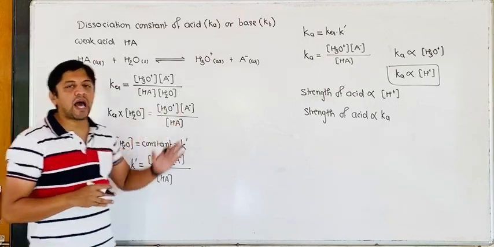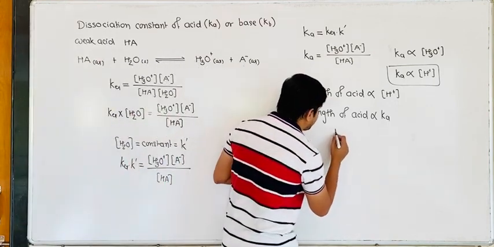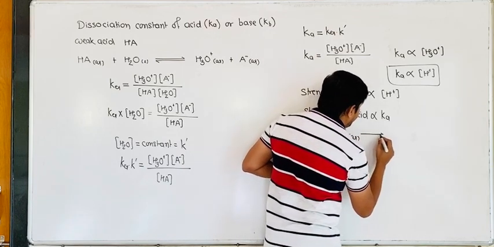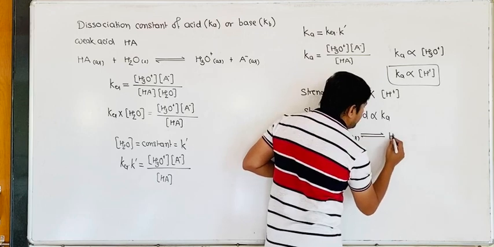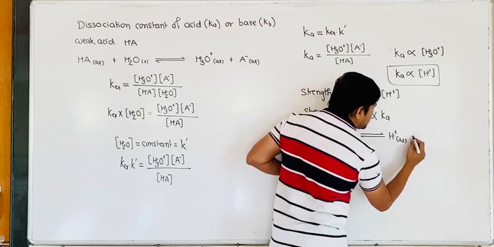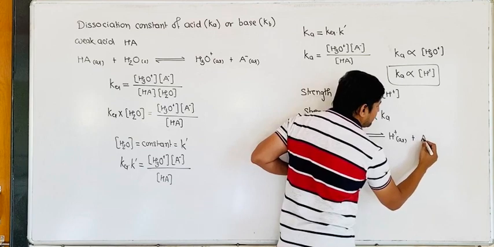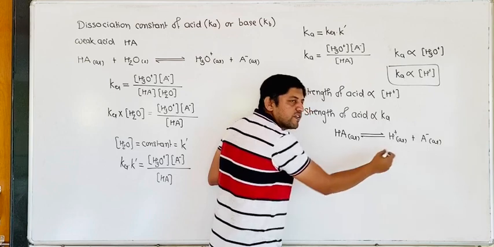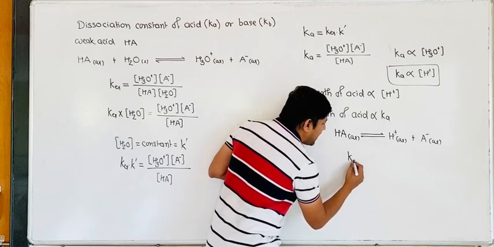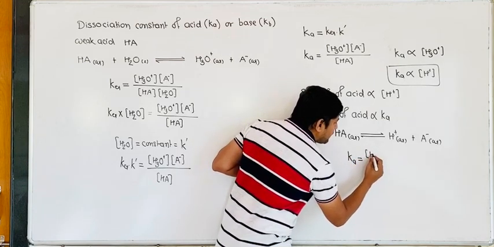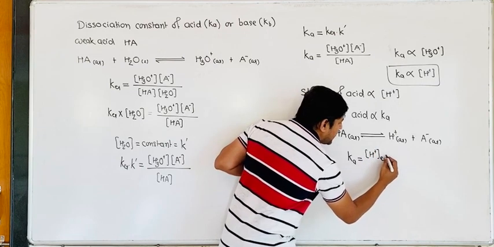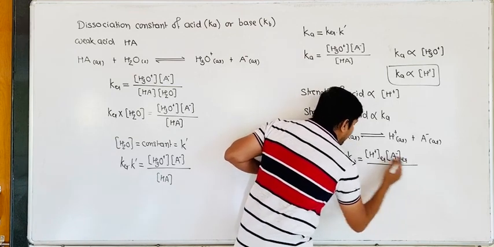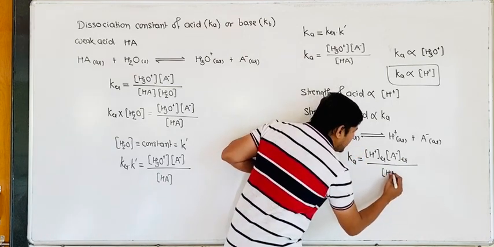This expression can also be written in a simplified way. HA aqueous, a weak acid, dissociates into H plus aqueous plus A minus aqueous, and hence the equilibrium constant for this reaction is written as Ka is equal to the concentration of products, H plus ions at equilibrium times A minus ions at equilibrium, divided by the concentration of HA.